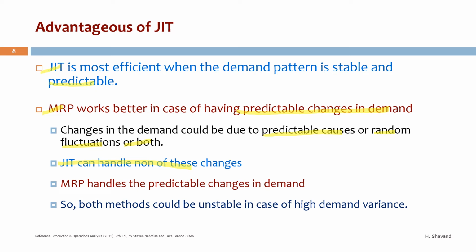MRP can handle the predictable changes in demand. As you see, both methods could be unstable in case of high demand variance.